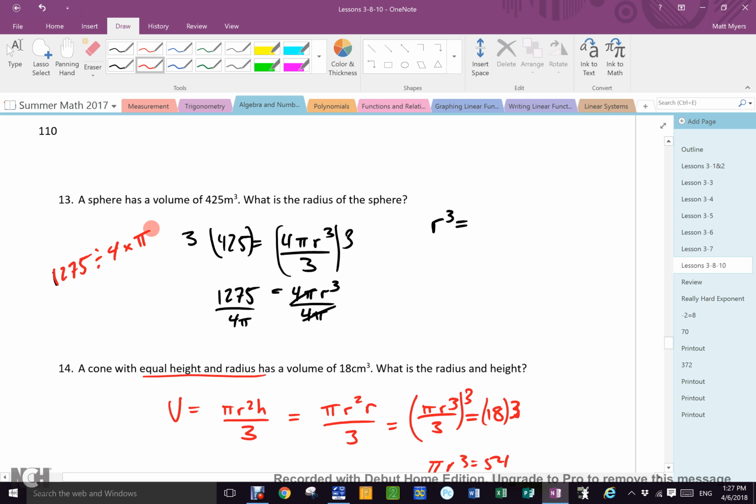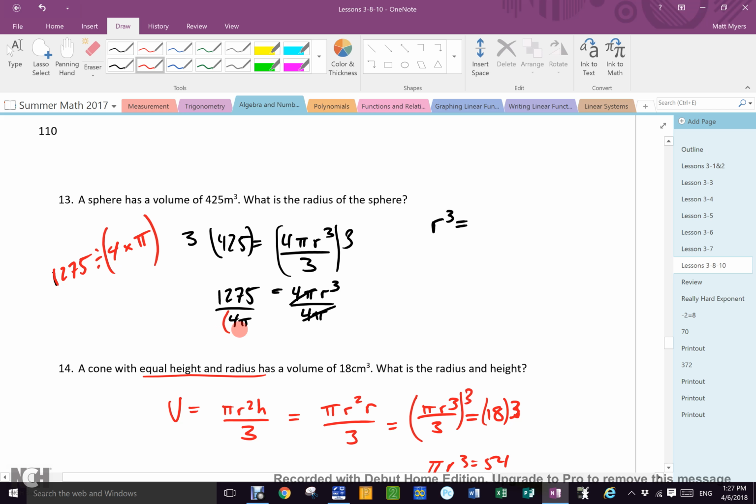Because your calculator does BEDMAS. It's going to divide by 4, and then it's going to multiply that answer by pi. And that's wrong. Because we don't want to divide by 4 and then multiply by pi, do we? What are we trying to divide by here? 4 pi. So I got to remember brackets.